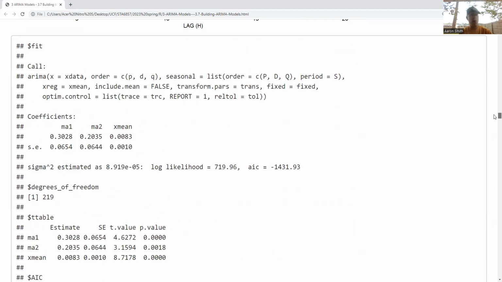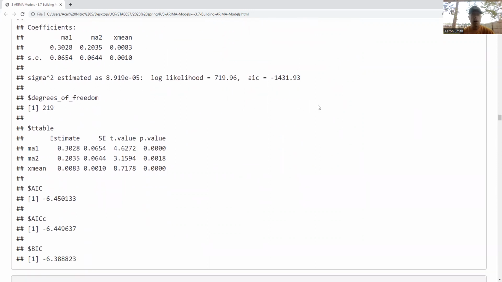And so here are the outputs. We can see statistical significance of each of the terms and the constants. Now, something to notice is that there's an AIC here and there's an AIC here. When you go to actually pull out the model itself, this is the AIC for the model as a whole.